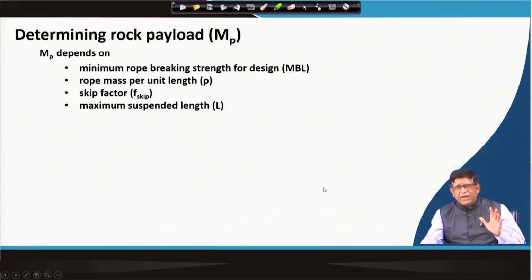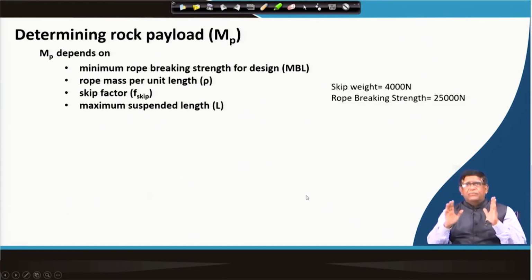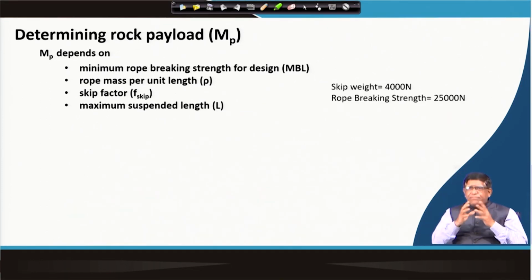Once these factors are defined, you know certain things, such as the skip weight, within which your rock load will come. The skip weight may be 4000 Newton, that is a 4 ton mass, if that is its total weight.